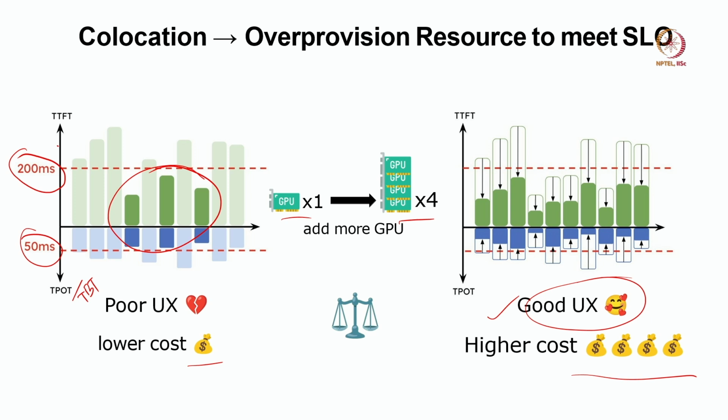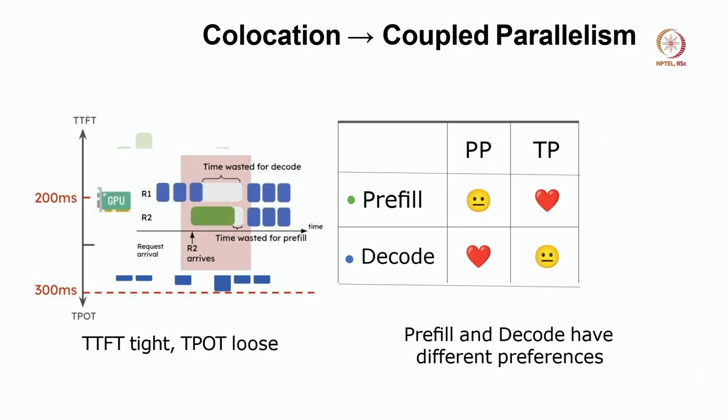But higher cost doesn't necessarily mean that we will have equally good performance. If we throw 4 GPUs versus 1 GPU, we should be expecting 4 times the throughput, correct. Let us see whether we can do that or not.